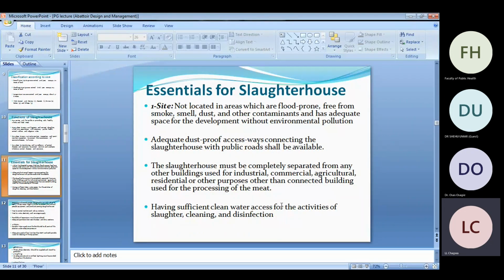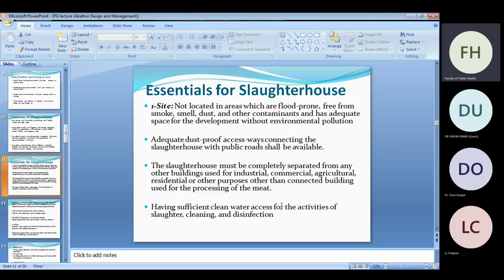Okay, so now, when I say we have the essentials, there are certain things you must look out for where you call a slaughterhouse. One is the site. An abattoir should not be located in an area that is flood prone.